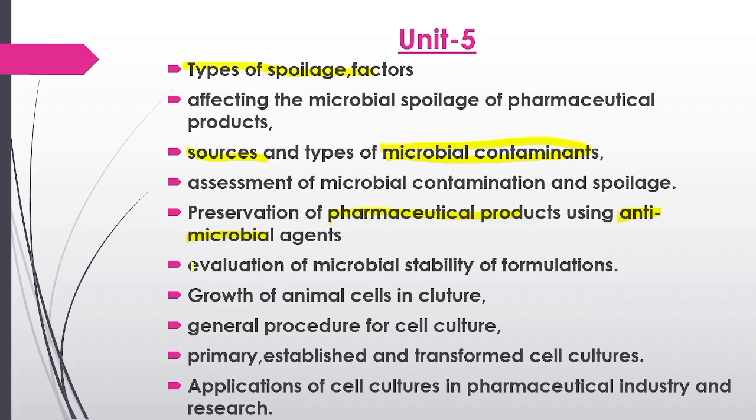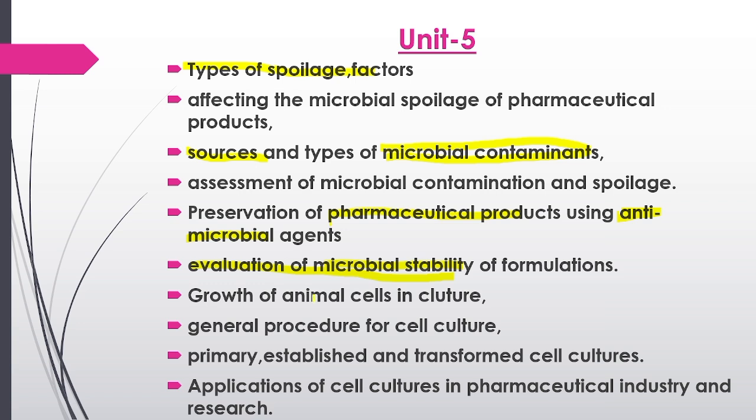How do we evaluate the microbial stability of formulations? We can evaluate the microbial stability by using methods like the microbial limit test, preservative efficacy test, and antimicrobial effectiveness testing. So these are the different steps involved in the evaluation of microbial stability.